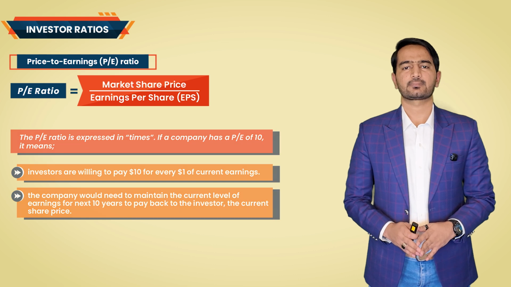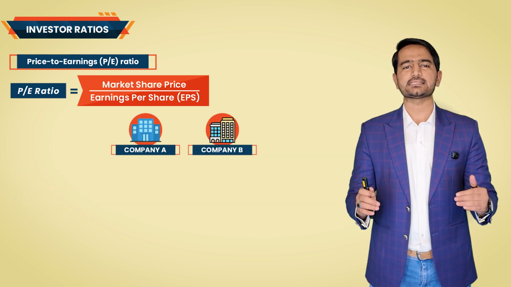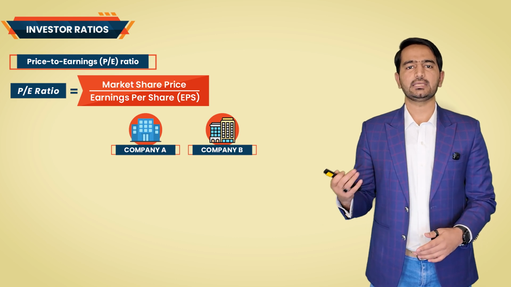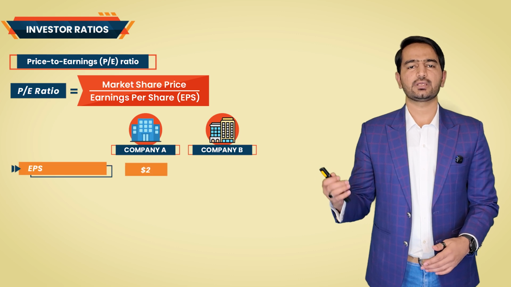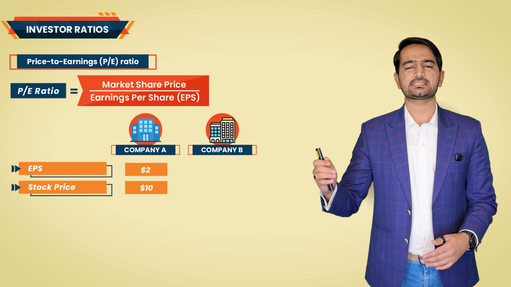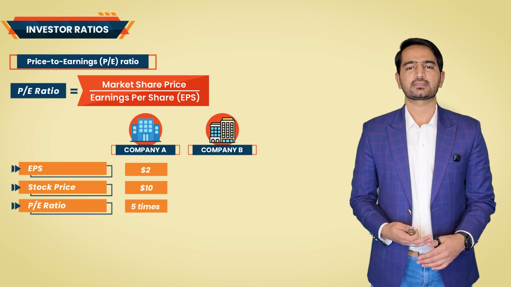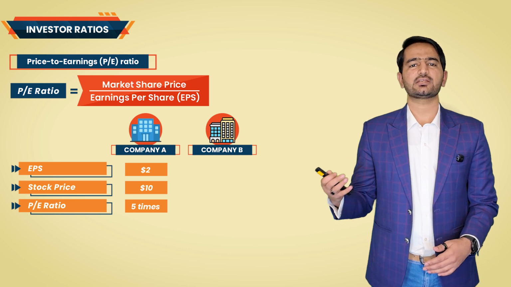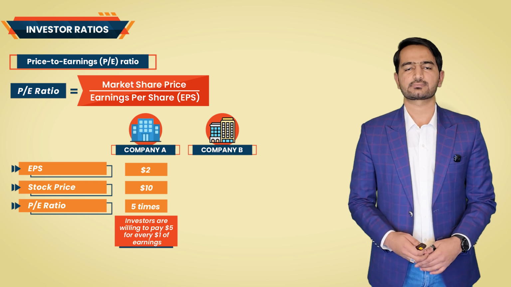Imagine two companies, Company A and Company B, both operating in the same industry. Company A has an EPS of $2 and its shares are trading at $10 per share. Its PE ratio is $10 divided by $2, that is 5 times. This means that investors are willing to pay $5 for every $1 of earnings.